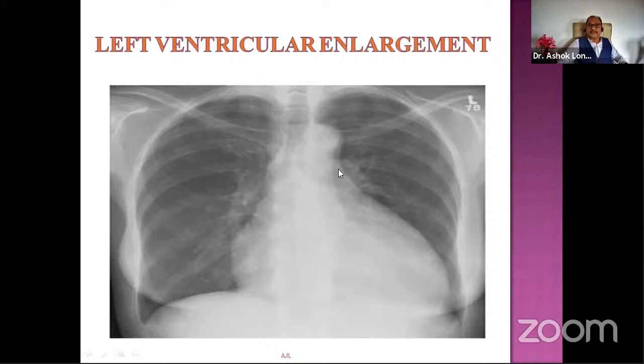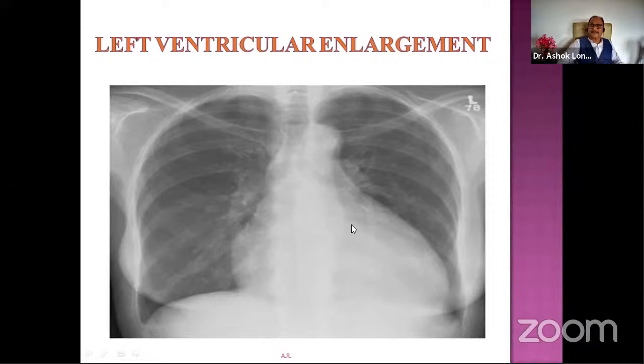Now from the left atrium, we are coming to the left atrioventricular valve, that is the bicuspid valve or mitral valve. Suppose there is a stenosis of the mitral valve, what will happen? The blood from the left atrium, which is supposed to go to the left ventricle, is not passing into the left ventricle, that will remain inside the left atrium, and so you will get the left atrial enlargement.